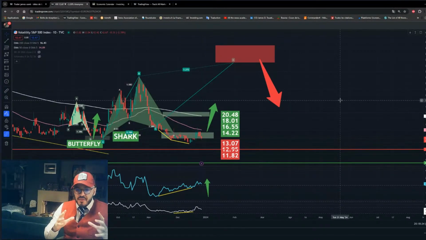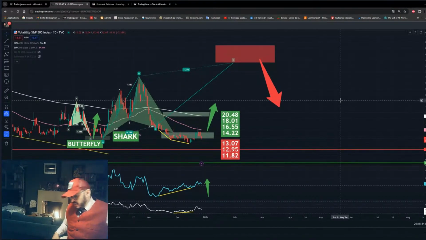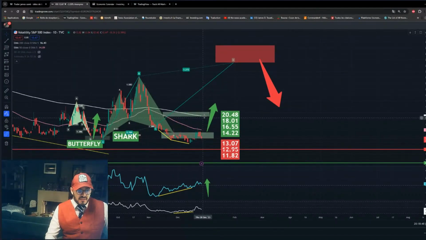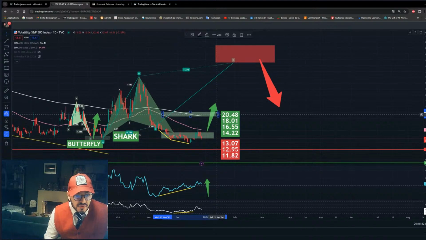That's why when the volatility is so low, it's a huge opportunity to buy the volatility. Then, as I told you, for options, for example, you can be long call expiry March and a strike around 16 is correct. 16, 17 is good. It's this rectangle here, and the rectangle is valid and is good.